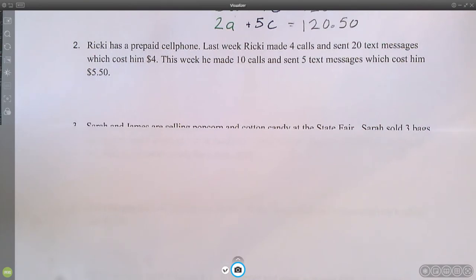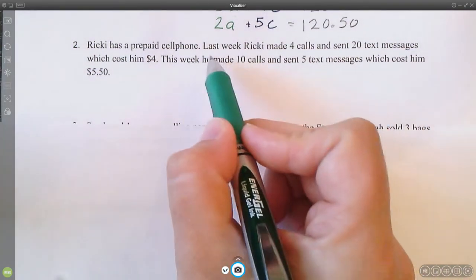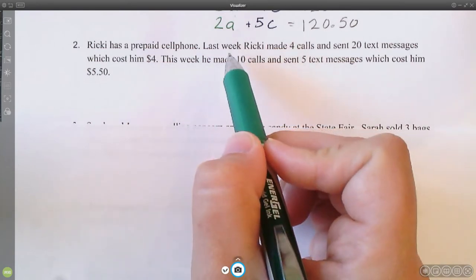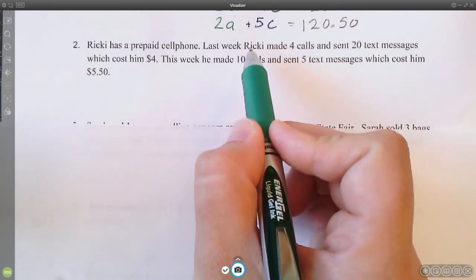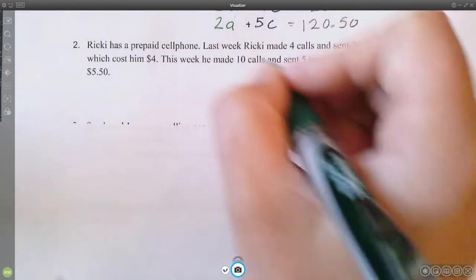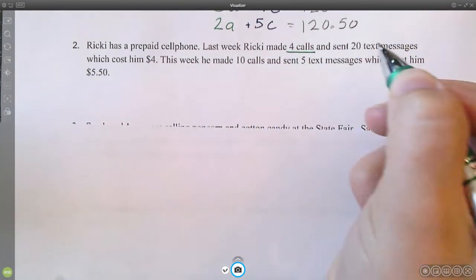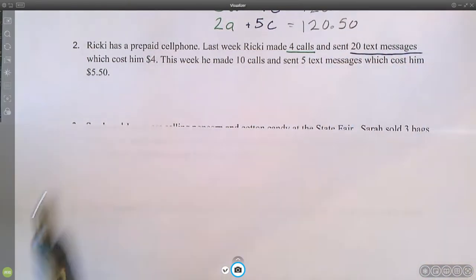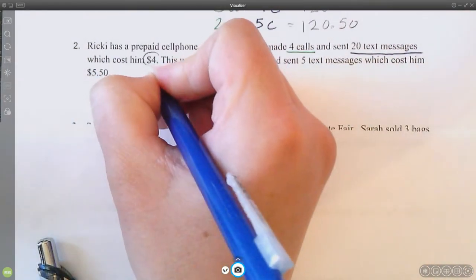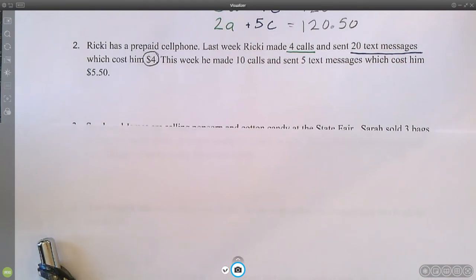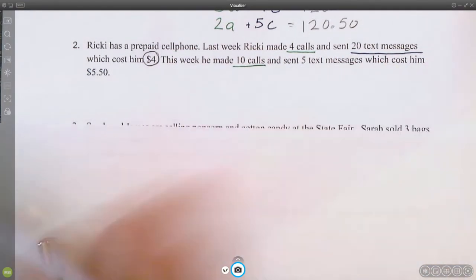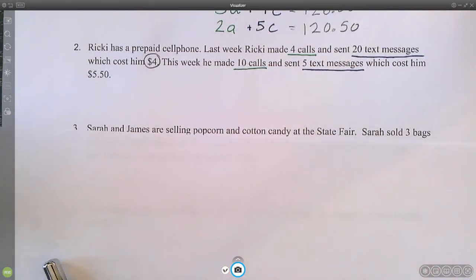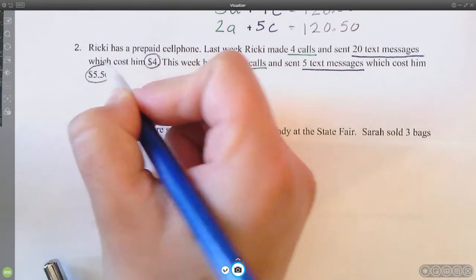So we have two situations. The first situation is last week. The next one is this week. So let's write an equation with the first situation. Ricky made 4 calls and 20 text messages, and that costs $4. And the next week he made 10 calls and 5 text messages, which costs him $5.50.